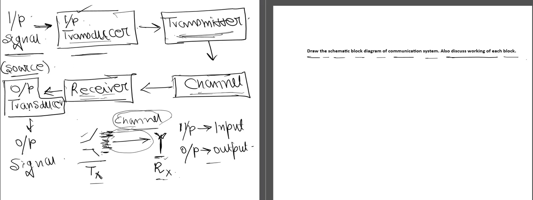Okay, and the output transducer's job is to convert the electrical signal into a non-electrical signal. So here at first the signal was non-electrical, it was converted into an electrical signal, then it is passed through the transmitter.